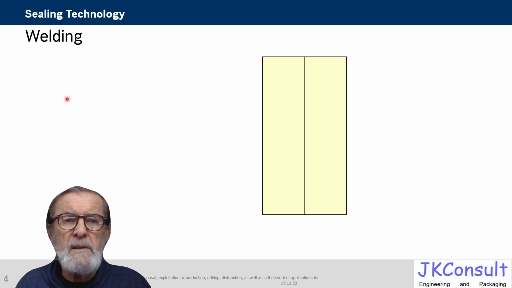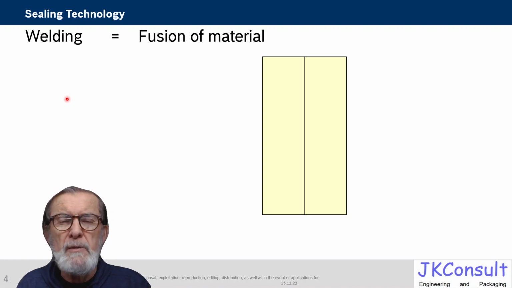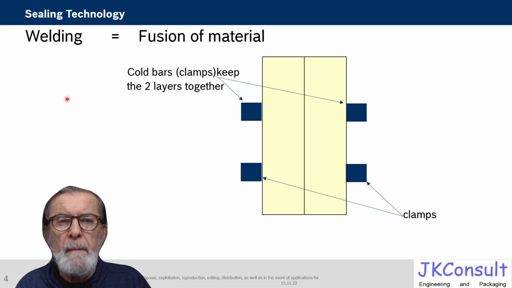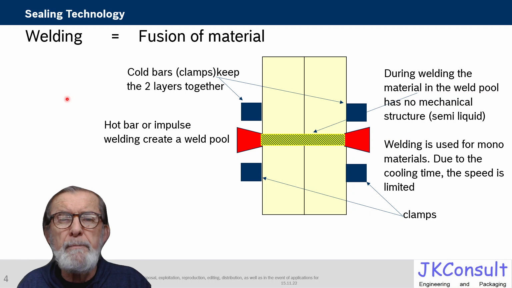Welding is using monomaterials, so there are no sealing layers on it, and what you do is you fuse the material. To do that we first need clamps to hold the material, then we put heaters or impulse heaters and you create a pool.